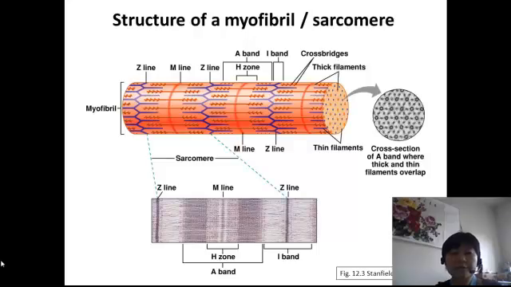If we look at this diagram, on the left hand side we have a Z line, and in the middle we have another Z line. This is a zigzag Z line, and in between them is one sarcomere. Within this one sarcomere, you have the dark band, called the A band.